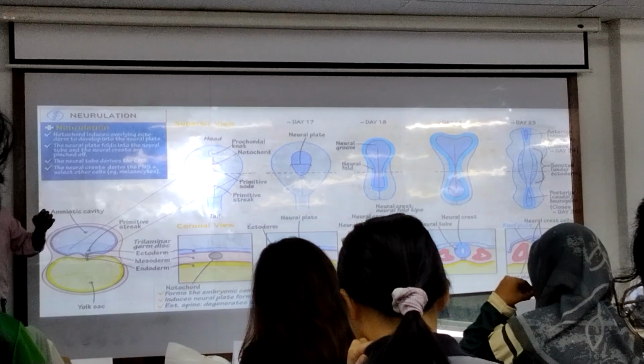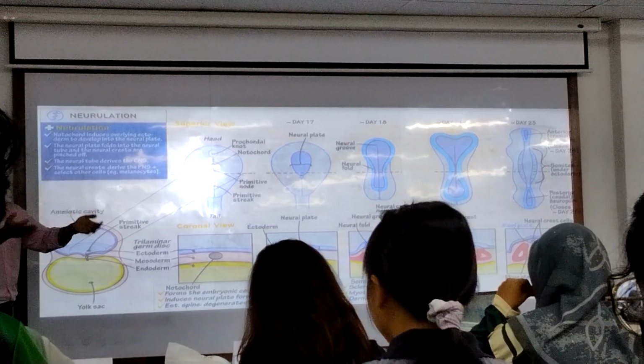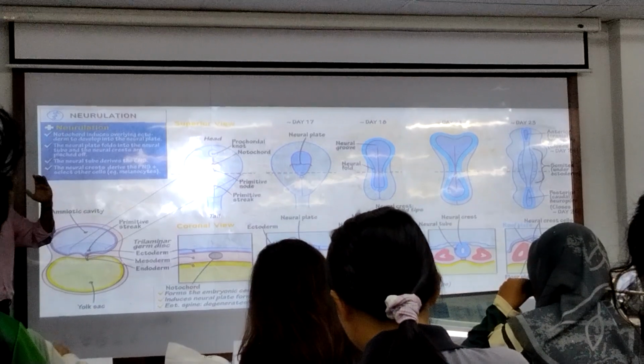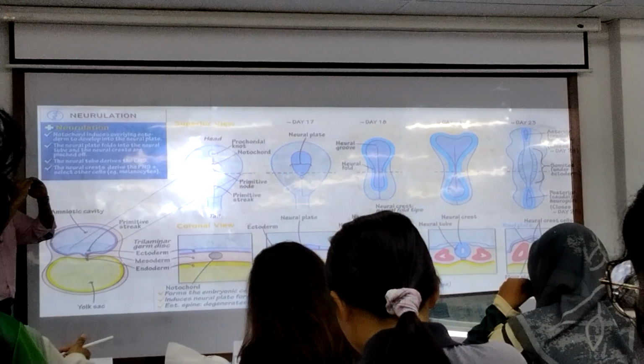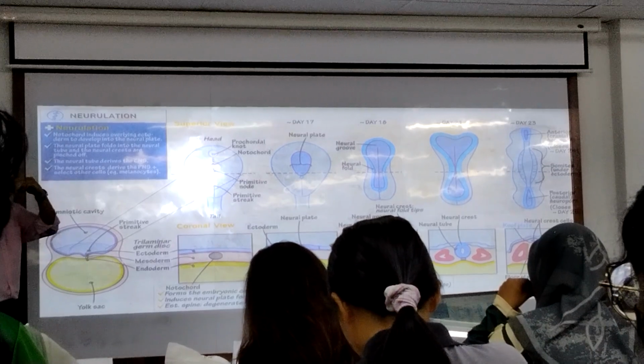What happens is that through a process of proliferation, meaning you increase the number of cells at high speed, and then some sort of migration, you form a primitive streak.